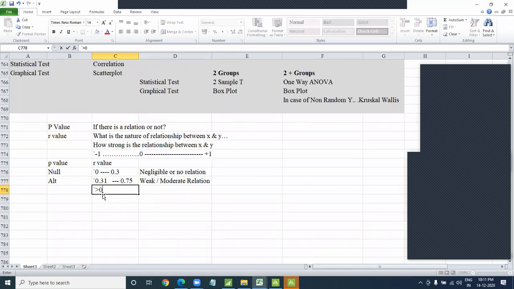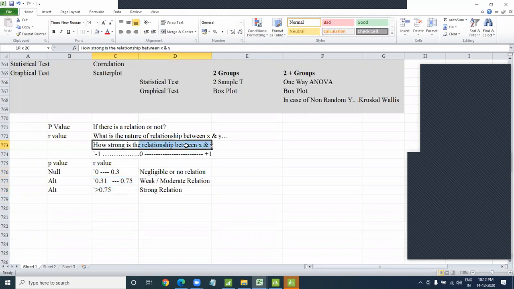When it's greater than 0.75, you'll say there's a strong relationship between X and Y, and you will also get an alternate for this one. This is how strong the relationship is between X and Y: is it negligible or no relation, a weak relationship, or a strong relationship? It also tells you the nature of the relationship.